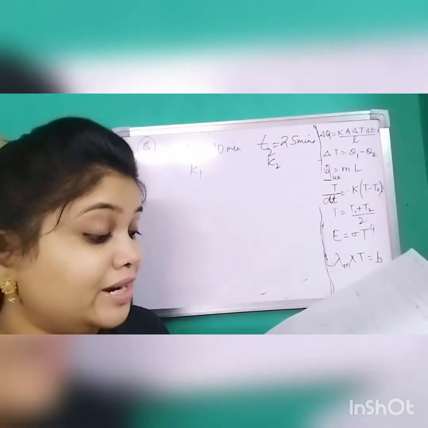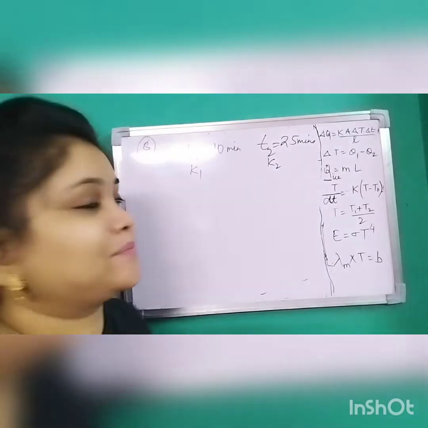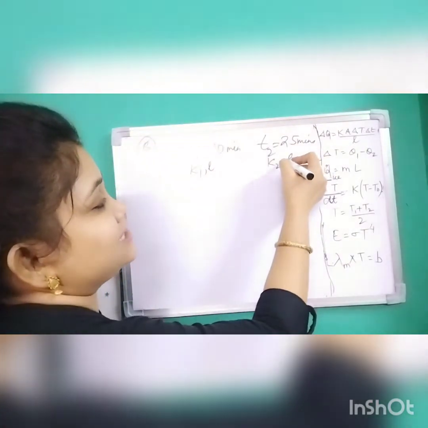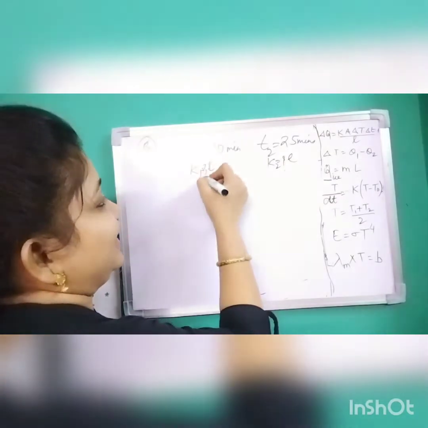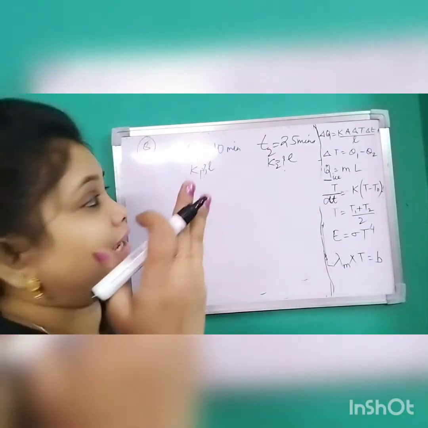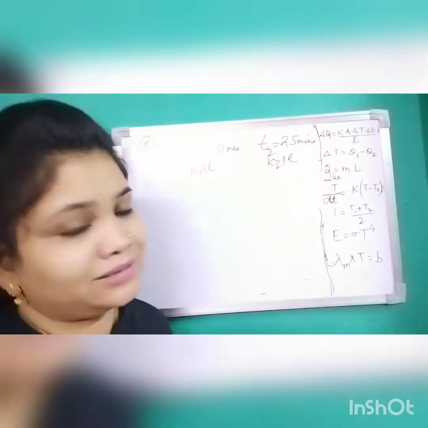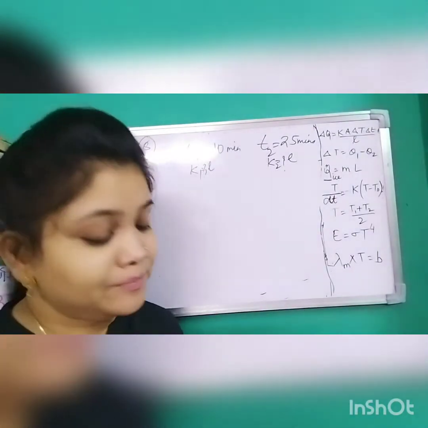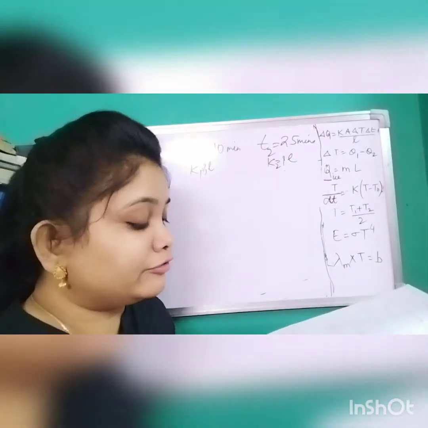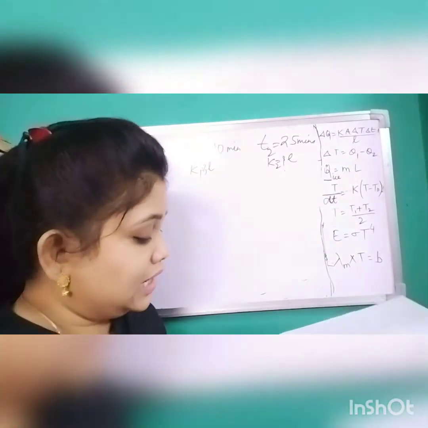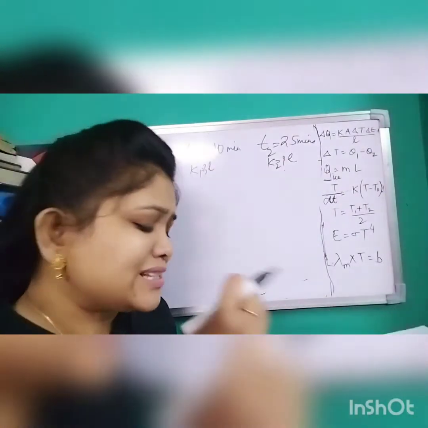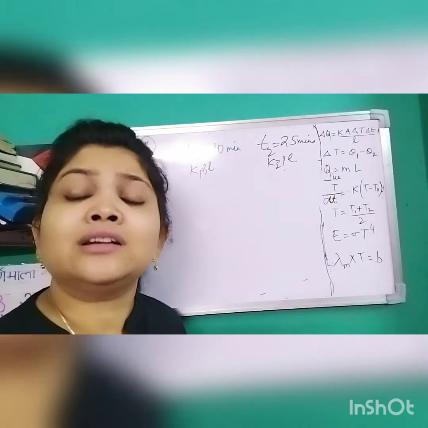Wall thickness is the same, that means both the L's are the same. The length of the first metal and the second metal is the same because thickness is the same. They are filled with equal quantities of ice at 0 degree centigrade, temperature also is the same. So everything is the same except the time.